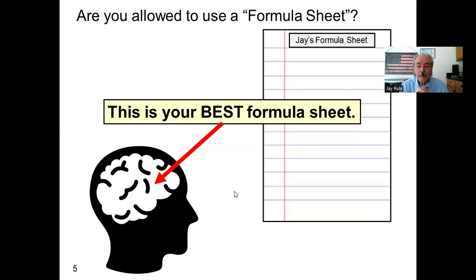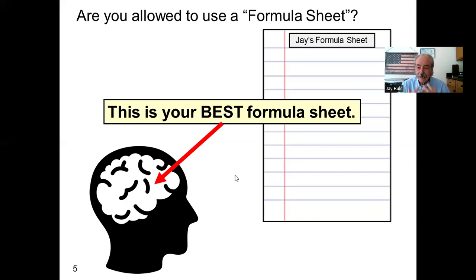A little remark about formula sheets. You might be in a section where a formula sheet is provided to you. Well, that's great. Study that formula sheet before you get in there. Maybe you're allowed to create your own formula sheet within certain guidelines. Or you may have an option of using or not using a formula sheet. Well, you've heard me say this before, I hope, that this is your best formula sheet.